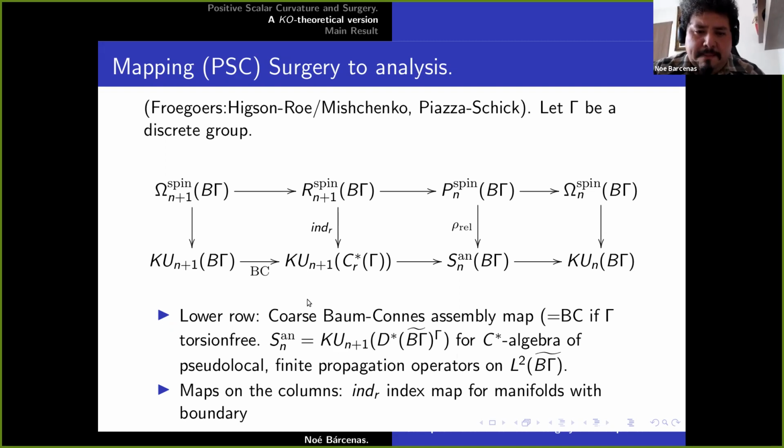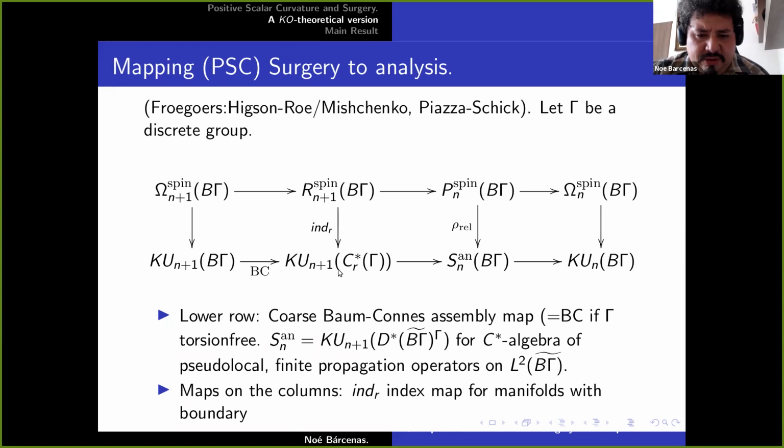This is just the Higson and Roe setting for the algebras of pseudo-local and finite propagation operators and the relative K theory groups, and this is just a name for the group in the middle. So this is the analytic surgery structure set.